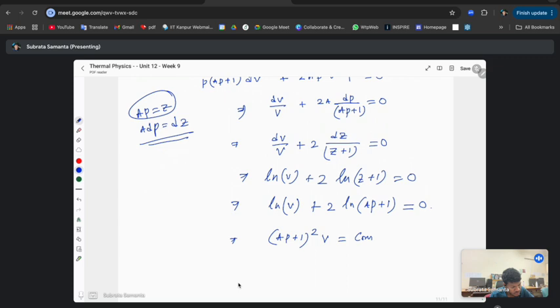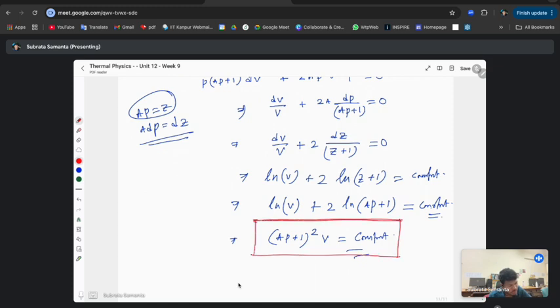No, this is not 0, because we have to integrate this, so this is a constant, and this is also a constant. The derivative of a constant becomes 0, right? Basically if we combine this, (AP plus 1) square times V equals to some constant. So the equation in the PV plane is (AP plus 1) square times V equals to constant.